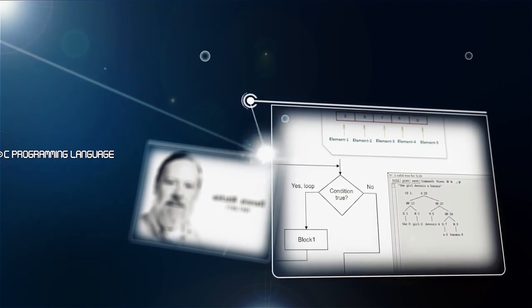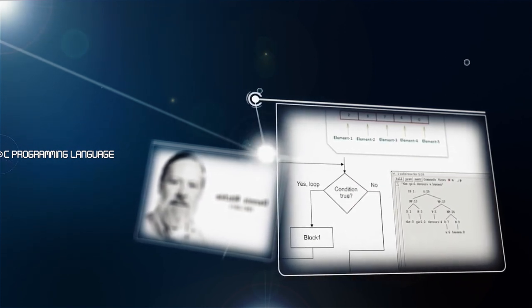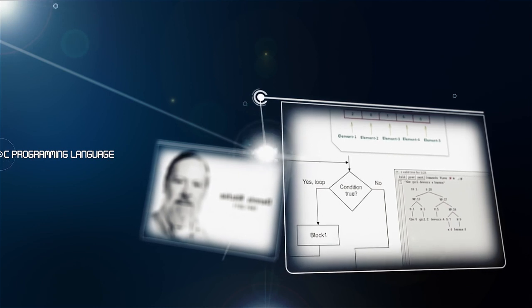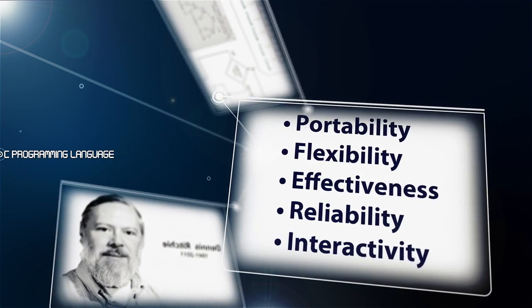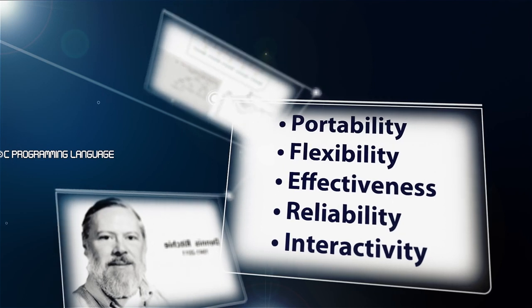It has various features like control structures, looping statements, arrays, and macros required for these applications. The C language has numerous features such as portability, flexibility, effectiveness and efficiency, reliability, and interactivity.